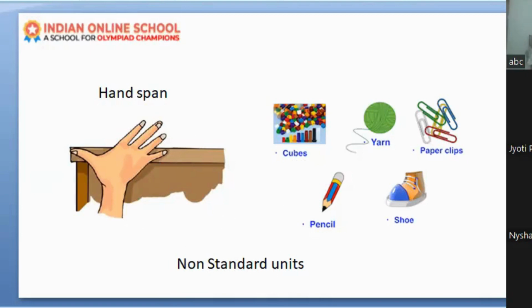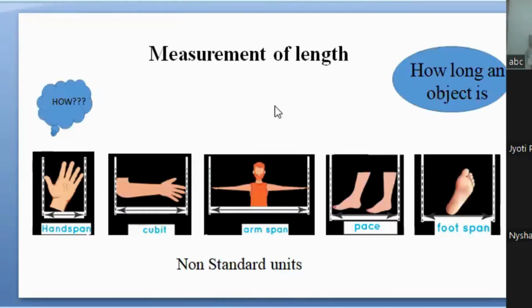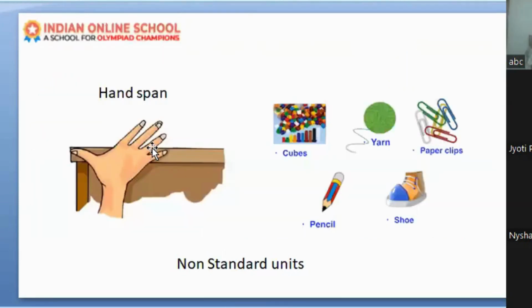So non-standard unit, just now I explained you, all these are the non-standard unit. It is not accepted by the world. It is not worldwide, because of three main reasons. What are they? First, I explained you, is inaccurate measurement. It is not providing you accurate measurement. Second is what? Not globally accepted.